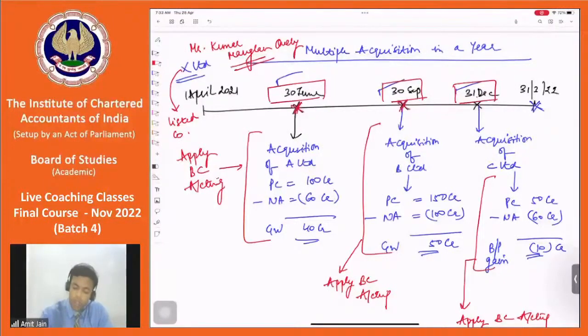We need to prepare the console financial statement 30th September, 31st December, and 31st March 2022. Should I wait for all these acquisition accounting as at year end, or should I keep on doing the accounting on the respective date because I'm supposed to prepare console financial statement?